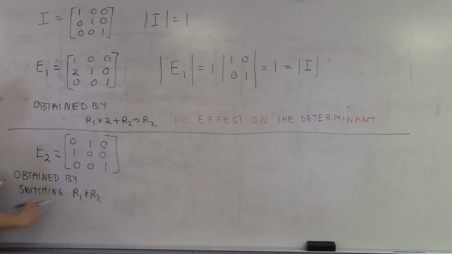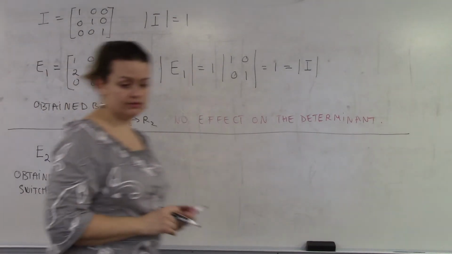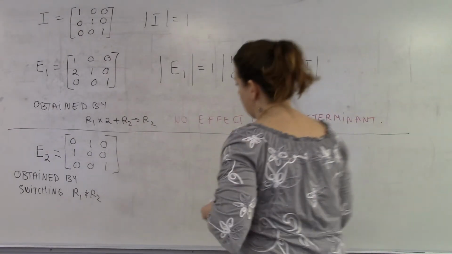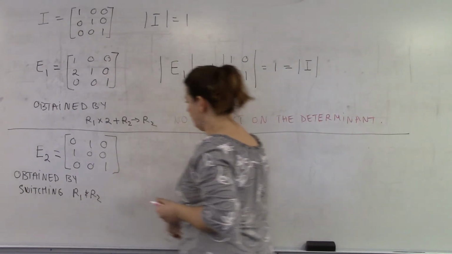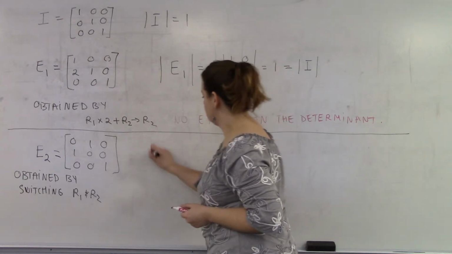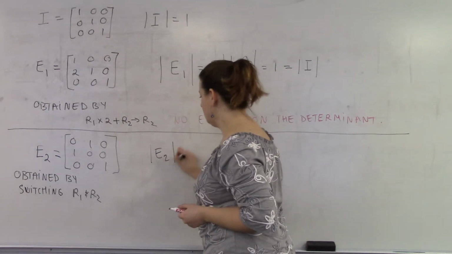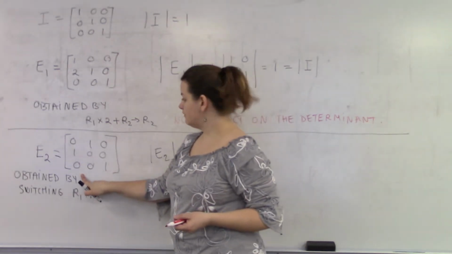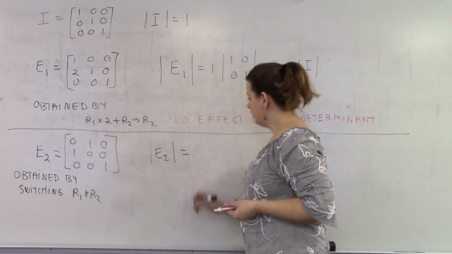All right. So next I want to compute the determinant of this matrix and see what effect this operation has on the determinant. So the determinant of E2 is going to be, I'm going to do a cofactor expansion along the first column.